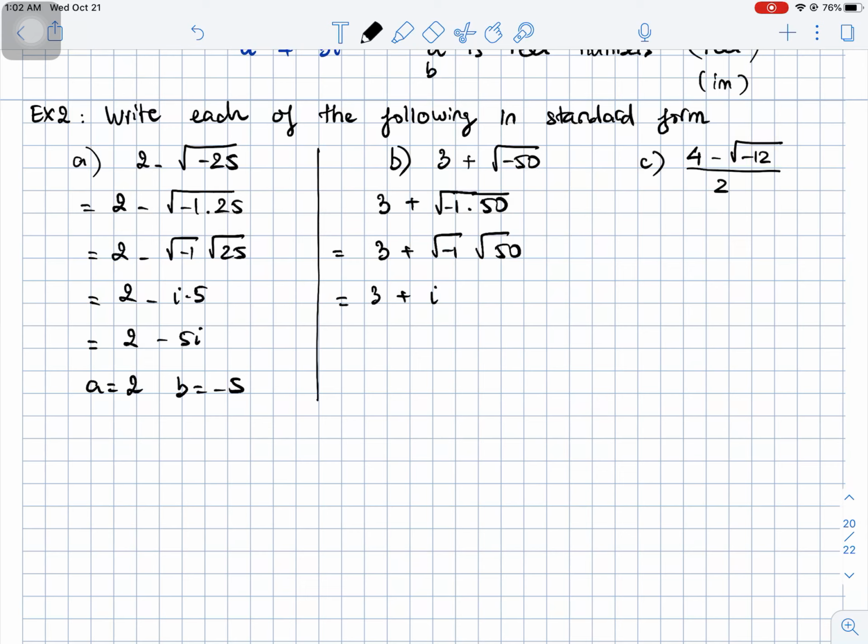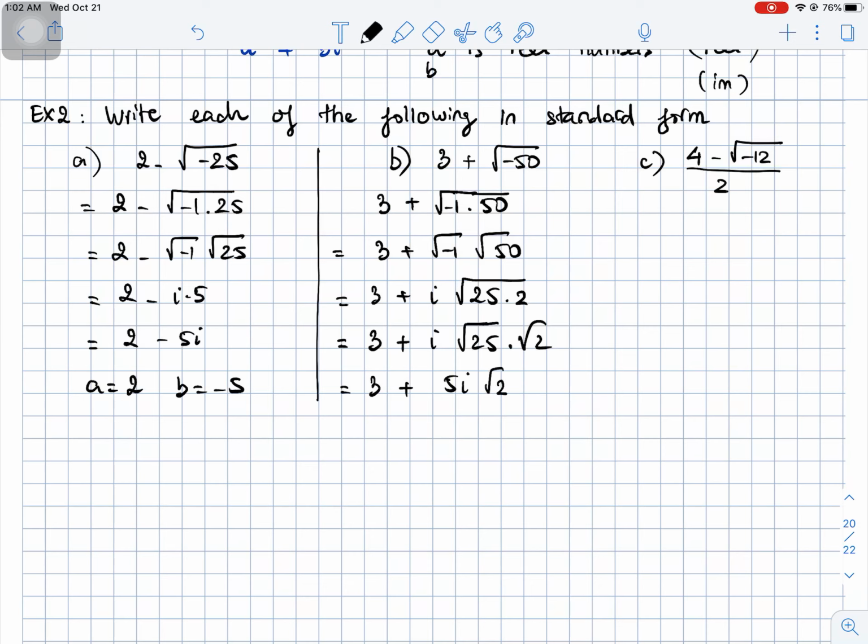For problem B, we have 3 plus the square root of negative 50. We separate negative 50 as negative 1 and 50. The square root of negative 1 is i. 50 is 5 times 10, and 10 is 5 times 2.